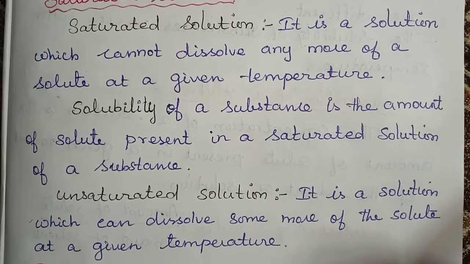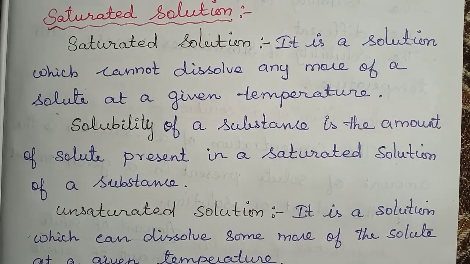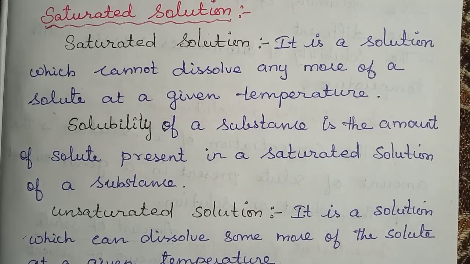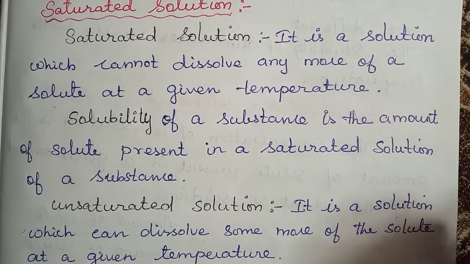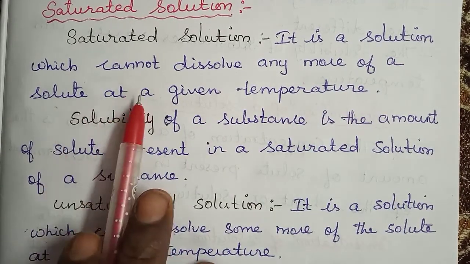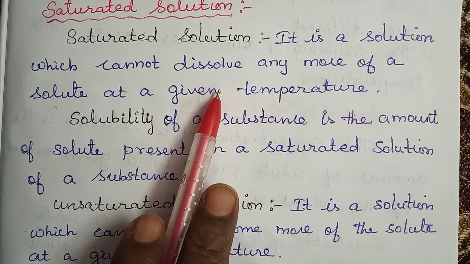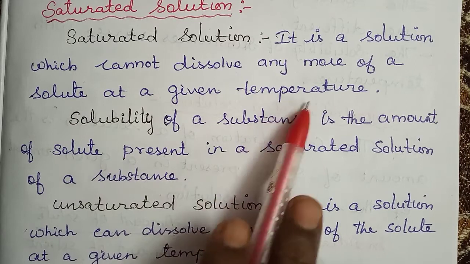Next one is saturated solution. What is meant by saturated solution? The solutions are divided into two: one is saturated solution and the other is unsaturated solution. A saturated solution is a solution which cannot dissolve any more of a solute at a given temperature.